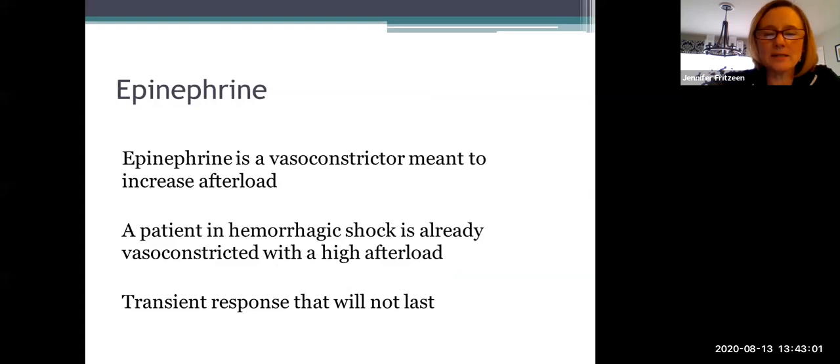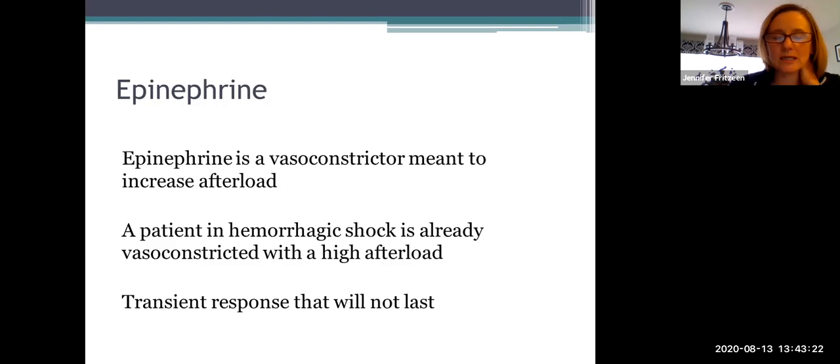Because remember, epi is a vasoconstrictor, and epi is meant to increase afterload in order to keep a blood pressure up. For kids in hemorrhagic shock, they're already vasoconstricted. It's part of the shock mechanism. It's part of how the body responds to losing blood. And they already have a high afterload. So that epi is not really going to be a benefit.